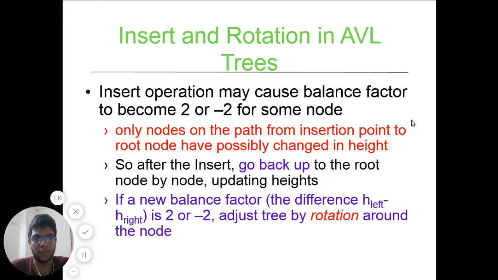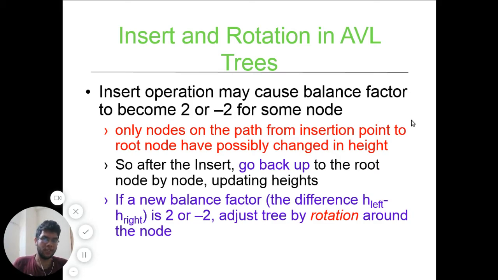As we proceed further, it's written clearly that the insert operation may cause the balance factor to become 2 or minus 2 for some node. You will realize that it can't be 3 or minus 3, because when the tree is balanced it's 1 or minus 1. So inserting a node will just make one part of the tree's height increase, so it will always be 2 or minus 2.